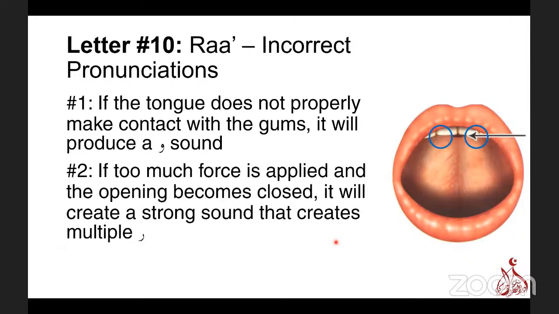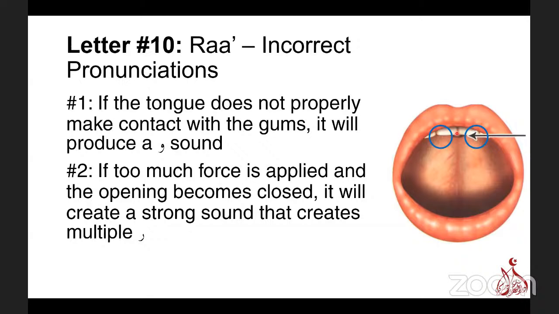If too much force is applied to the ra, then that little opening that we see there ends up closing. When it closes, a strong sound comes out, and that actually ends up creating multiple ra's. An example, I'm going to exaggerate.